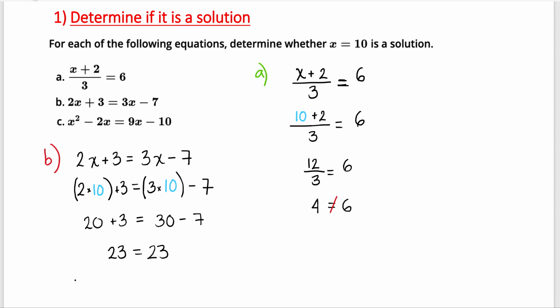Therefore, my answer here: x equals 10 is a solution. I should have written here, therefore, x equals 10 is not a solution for the first one.